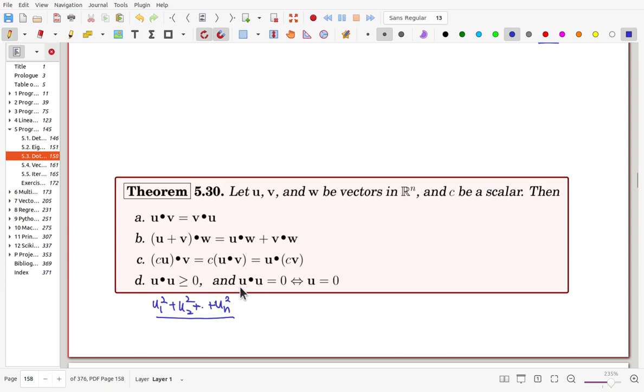Now, if u dot u is 0, then all of u1 to un must be 0, which means u is 0. So u dot u equals 0 is the same as u equals 0, right?